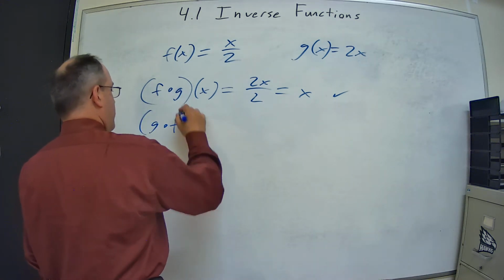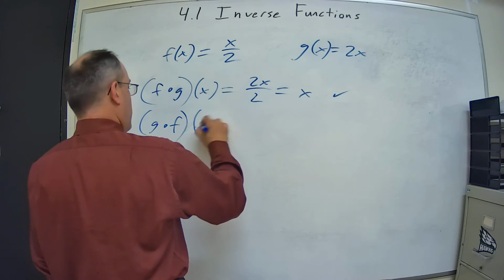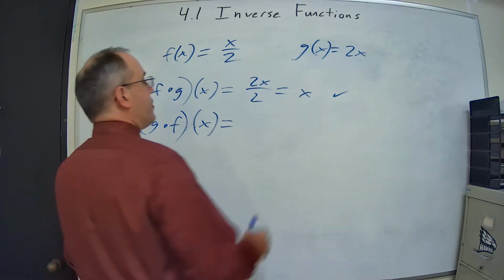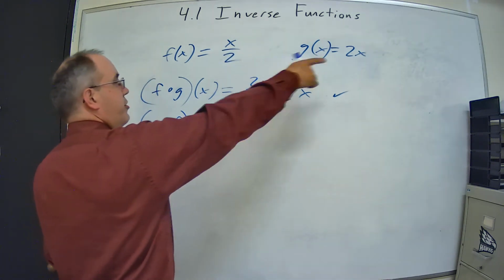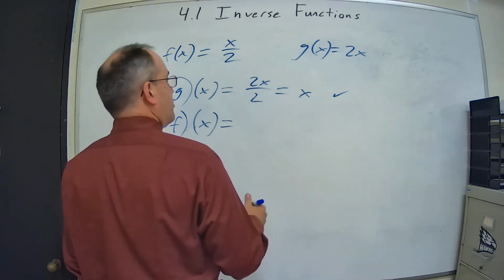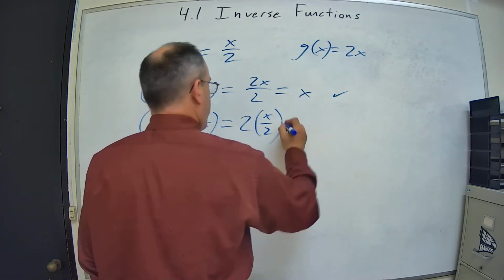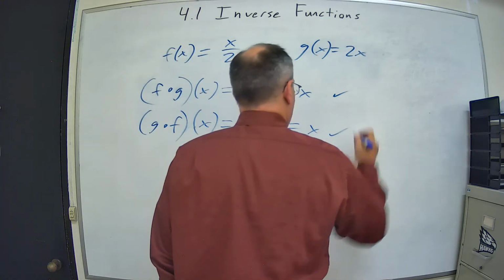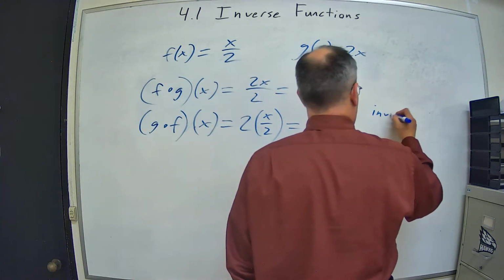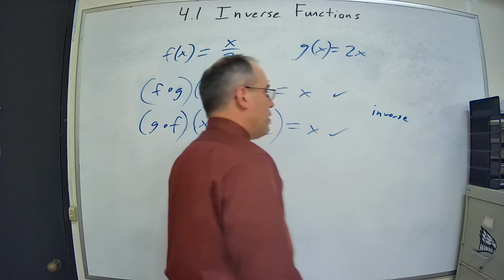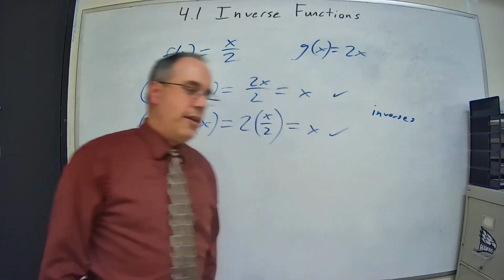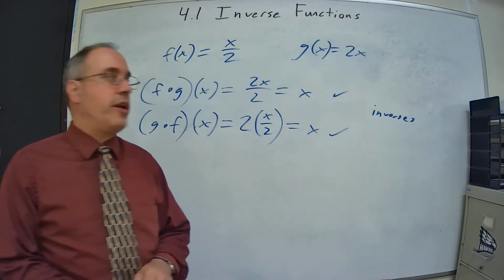g of f of x is equal to, now we're going to plug x over 2 in place of x in g of x. So we have 2 times x over 2, which is equal to x. And yes, they are inverses. Should put an s in there because they're both inverses of one another.